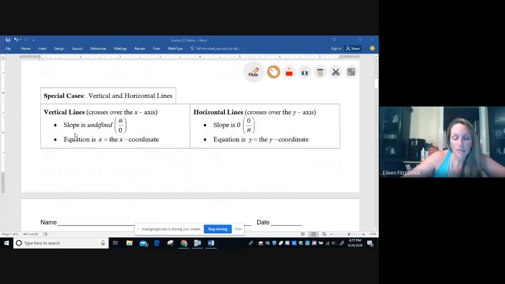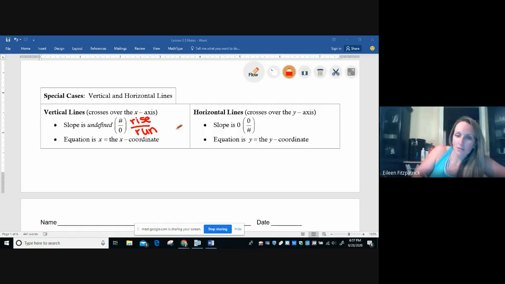Now, special cases, and we'll talk more about this probably in the next lesson before we jump into some example problems: vertical and horizontal lines. A vertical line has a slope that's undefined. Remember, slope is always rise over run. If you have a vertical line, there will be no run. 0 will be in the denominator.